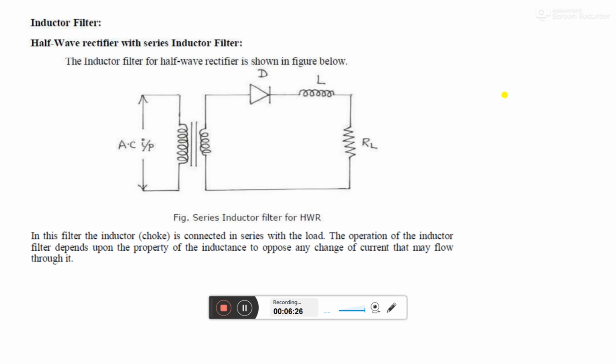We know what the rectifier does. The rectifier converts this AC input into pulsating DC output. More clearly, when the positive half cycle of the input AC is fed to the rectifier diode, the diode becomes forward biased.